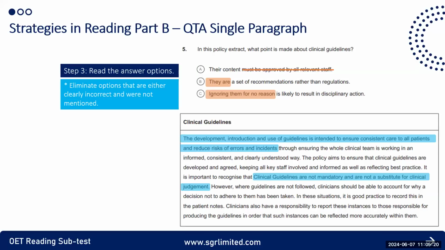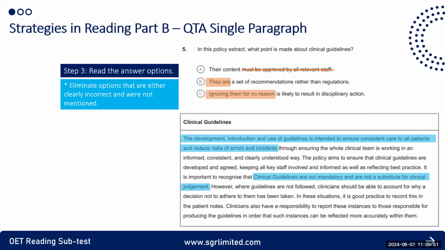We could see here that in the middle part where we've highlighted that clinical guidelines are not mandatory, which means that they are optional, they are recommendations, and that they're not a substitute for clinical judgment, and therefore they are not regulations, then option B is looking to be possibly the answer for this question.